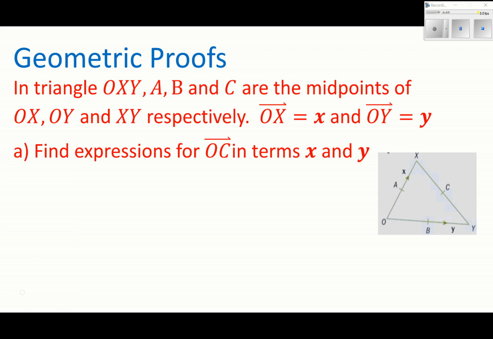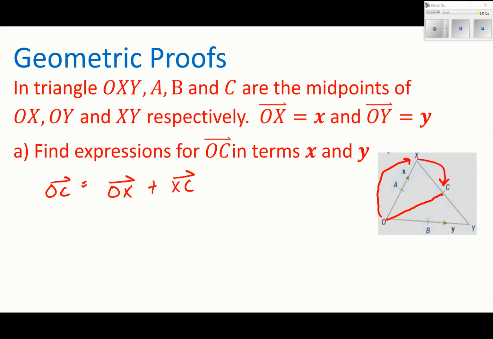If I wanted to do OC now in terms of X and Y, so OC would represent this piece right here. Well, if I want to get from O to C, I can go from O to X, and then I could go from X to C, and that would get me to where I wanted to be.